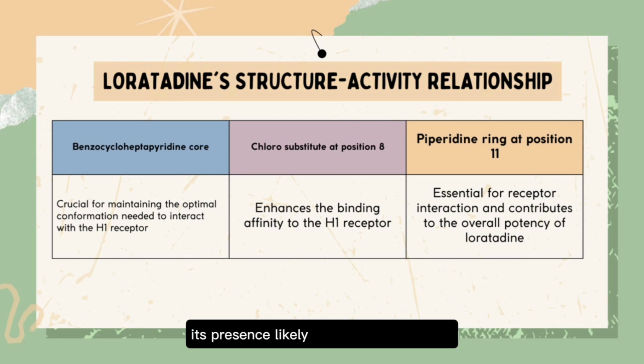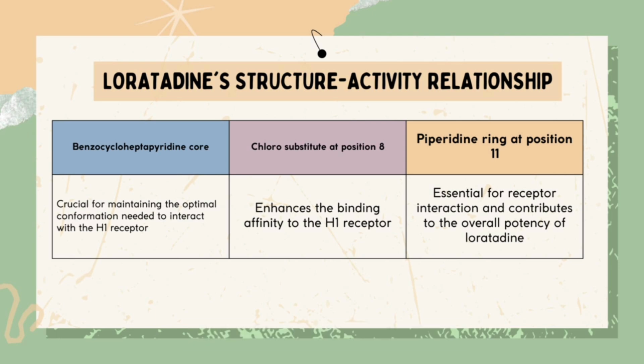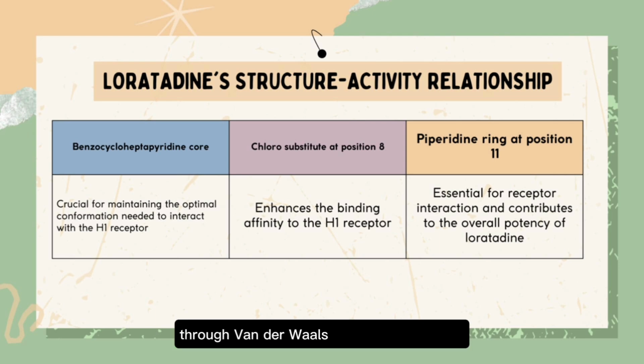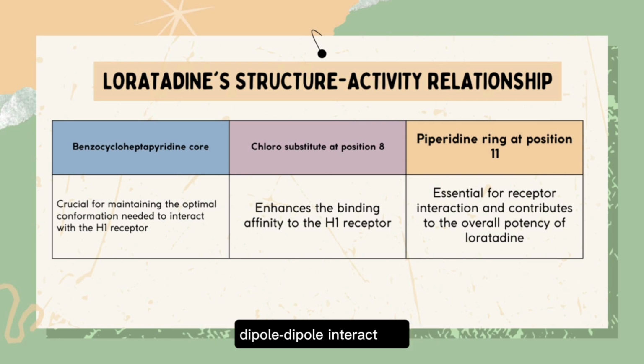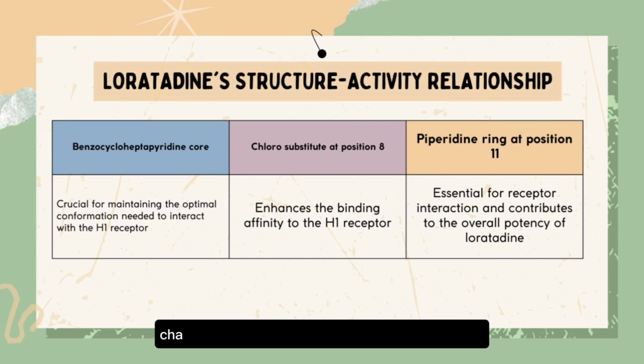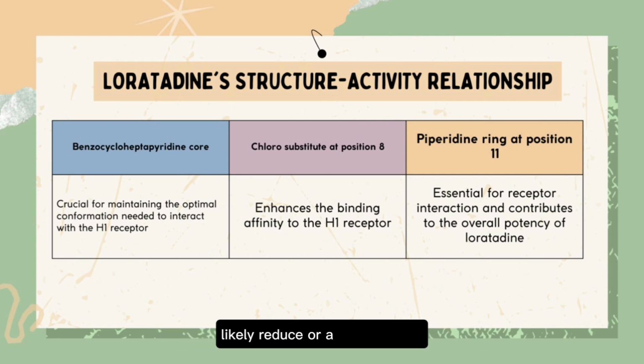Its presence likely affects the molecule's electronic distribution, making it better able to interact with specific amino acid residues within the H1 receptor's binding pocket through van der Waals forces and possibly dipole-dipole interactions. The precise position is critical. Changing the position of the chlorine atom would likely reduce or abolish activity.